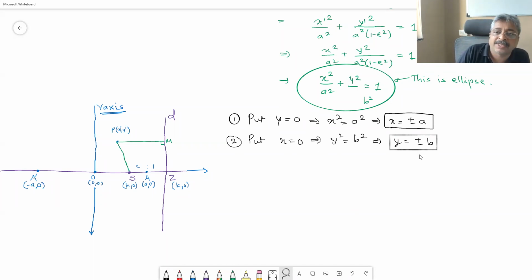And we know that eccentricity is less than 1, therefore b is smaller than a. So let us mark b here somewhere and minus b here. These are the 2 points which are going to be on the curve. So B is on the curve, I can join this B, and A is on the curve, so I can join A.